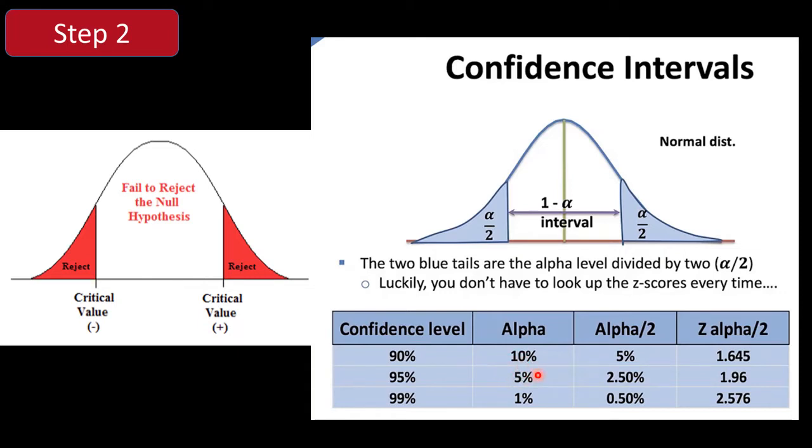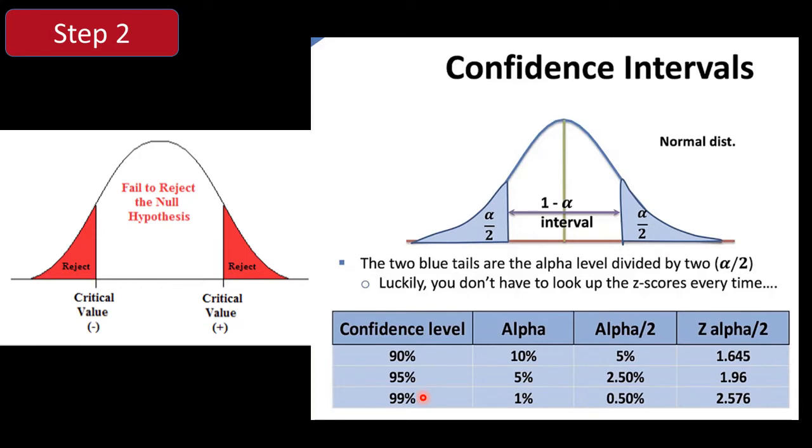What is the meaning of 5% here? There is a 5% probability to reject the null hypothesis. If we consider both sides, one side is alpha divided by 2, so 2.5% on one side and 2.5% on the other side. The critical value for the 5% alpha level is 1.96.